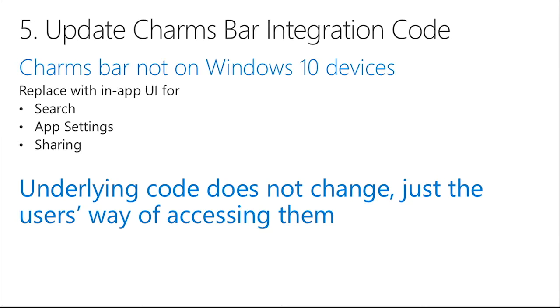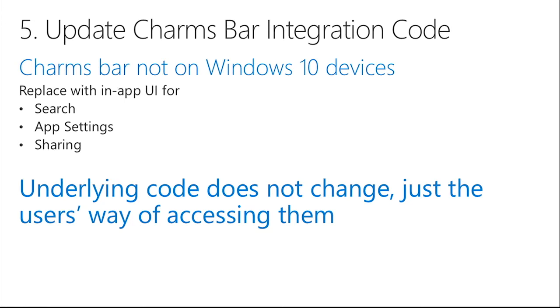But when you convert to UWP, probably what you want to do is make those functions, especially if they're important to your app, like share, more discoverable by building your own proper buttons into your UI. We've got loads of app bar buttons with every icon under the sun, so you don't have to draw your own custom icons.